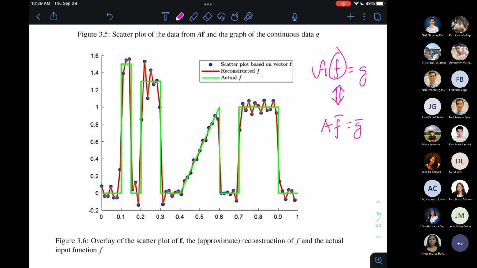But at the back of my mind, nakasave si F, alright? Alam ko yung itsura ng gusto kong makita. Tapos i-employ ko yung algorithm ko, makukuha ko si F bar to be A inverse G bar, alright? Tapos meron akong result na makukuha. To check if your program works as expected, ngayon i-compare natin yung nakuha yung solution doon sa solution na nakasave.